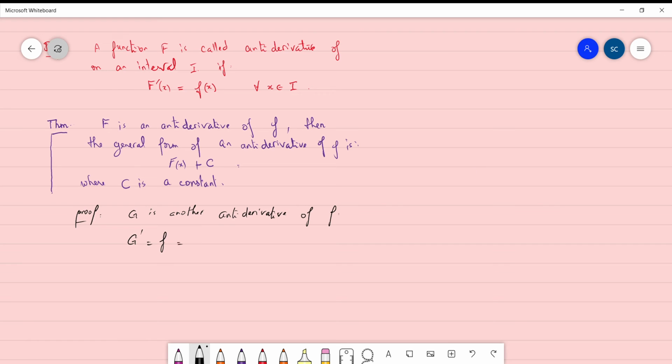But we also know that F prime, by definition of an antiderivative, is equal to f. From this equality we deduce that G prime minus F prime equals 0, which you can write as G minus F prime equals 0. If this is true over an interval I, we saw a result on derivatives that says that necessarily G minus F equals a constant on I. So two antiderivatives of the same function differ by a constant.